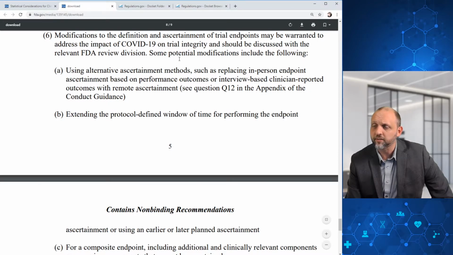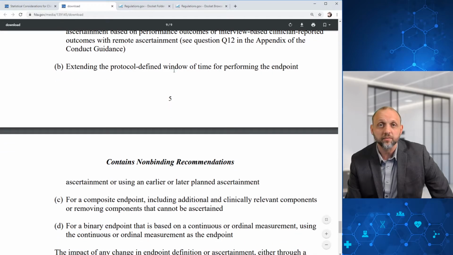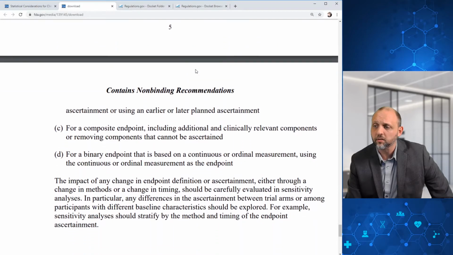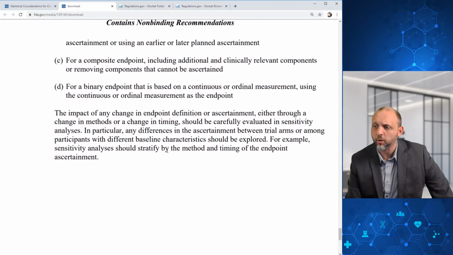So some potential modifications for the public health emergency include using alternative ascertainment methods, extending the protocol-defined window of time for performing the endpoint ascertainment, or using an earlier or later planned ascertainment, and for a composite endpoint, including additional and clinically relevant components or removing components that cannot be ascertained, and for a binary endpoint that is based on a continuous or ordinal measurement, using the continuous or ordinal measurement as the endpoint.